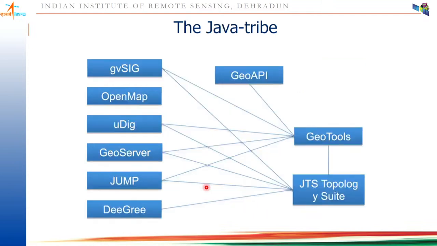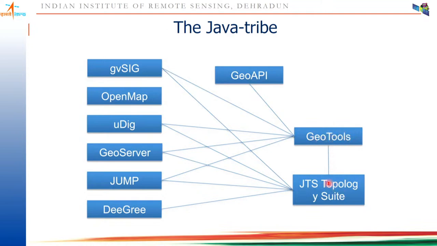Similarly, there is a Java tribe of people who are more acquainted with using the Java programming language. In fact, the software JUMP actually stands for Java Unified Mapping Platform. So, in case you know about the Java programming language and you eventually plan to go into actually modifying the software or improving the software, then I would suggest that you look at JUMP. JUMP uses a library called GeoTools.